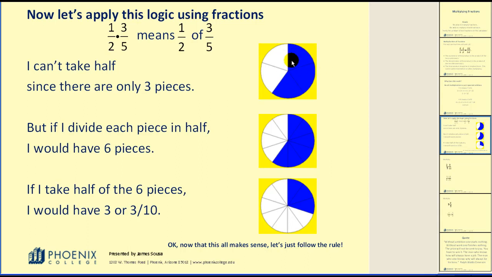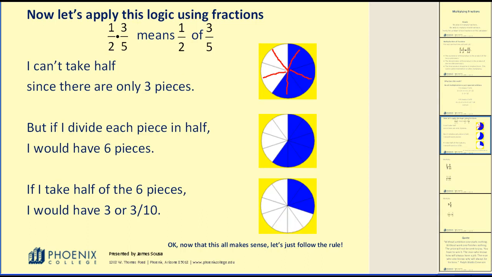But if I take each of these pieces and I cut them into half, I would then have a total of 10 pieces, 6 of them being shaded. Now I can take half of these pieces. If I took half of these 6 pieces, that would leave 3. But now it would be 3/10 because we have 10 pieces instead of 5 to begin with.